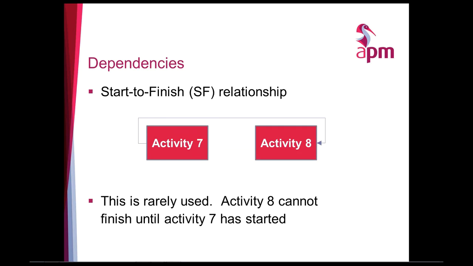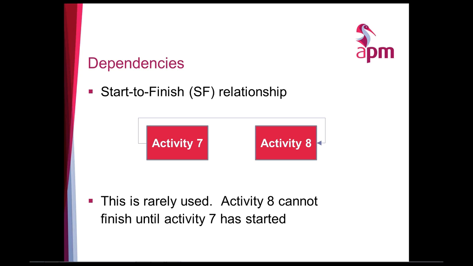And finally, we have the start-to-finish relationship. Now, this is a bit of an odd relationship because what we're saying is activity 8 cannot finish until activity 7 has started. This is rarely used, and the only example I could come up with here is if activity 7 and 8 were standby and duty pumps.